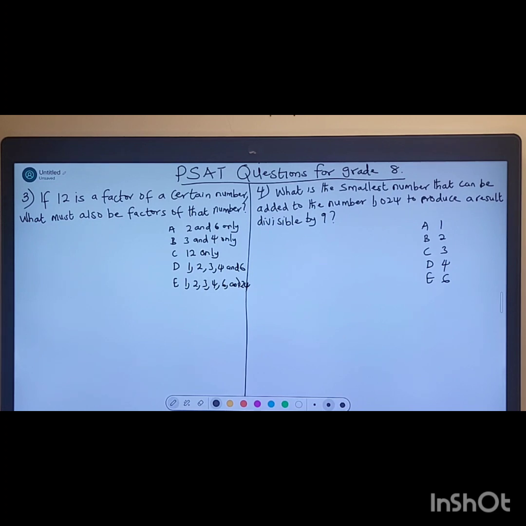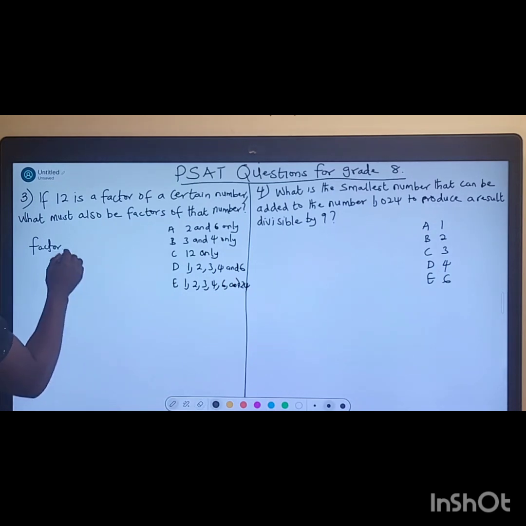Since 12 is a factor of that number, just look for the factors of 12 and that will be your answer. So say the factors of 12.